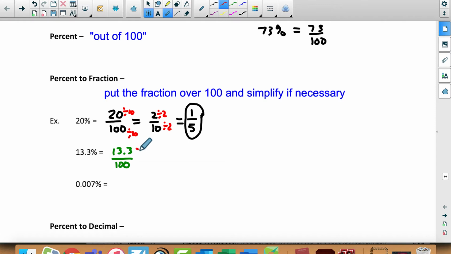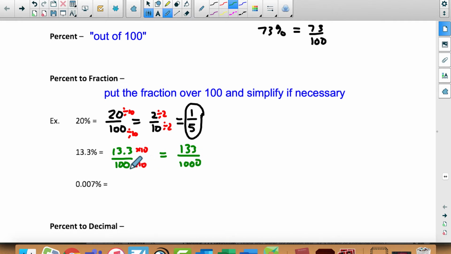If you multiply by 10, it moves the decimal one spot. What you do to the top, do to the bottom. So on the top, you would multiply by 10 or move the decimal one spot and you get 133. And you've got to do the same on the bottom. Multiply by 10 and you get 1,000.